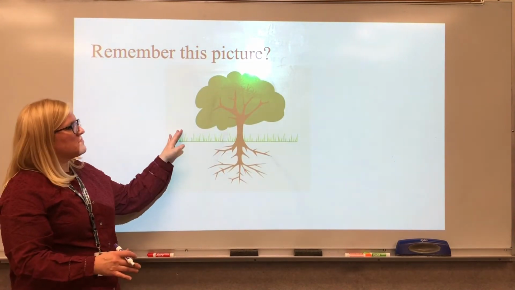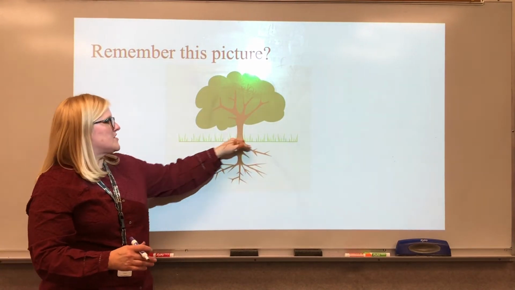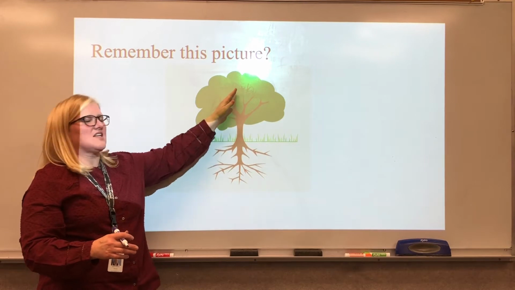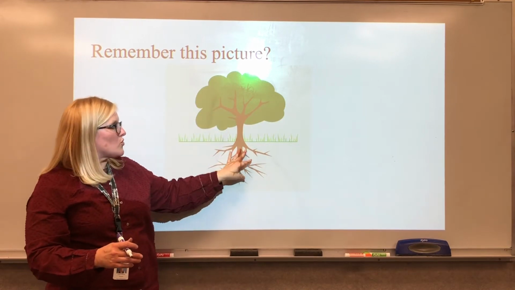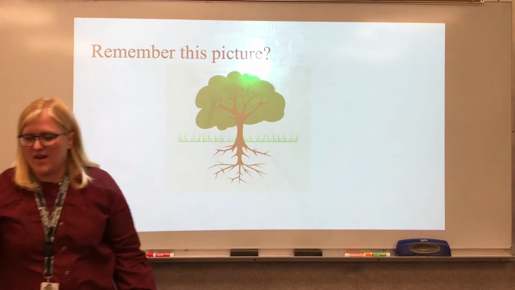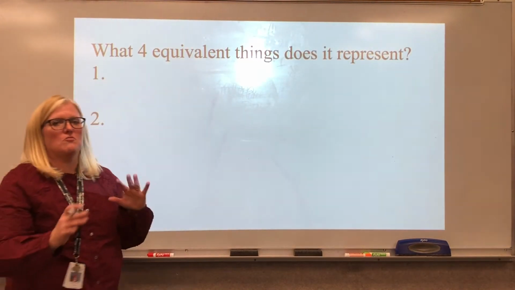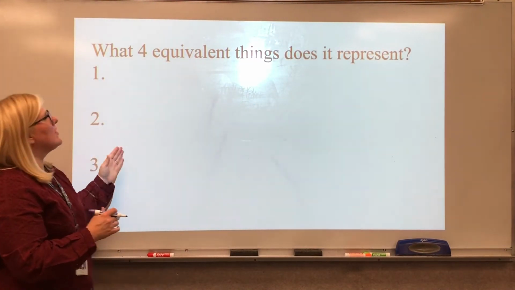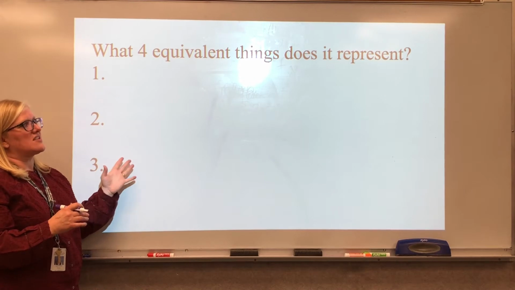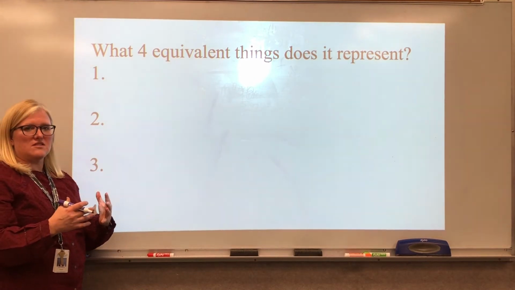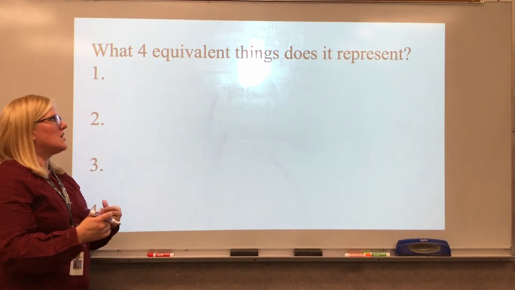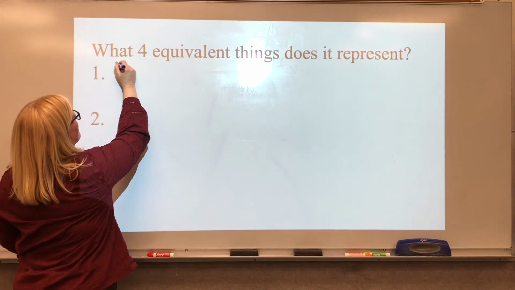Okay, so remember this picture I had up before? This represented the x-axis, and these are the roots and all that kind of stuff. I'm hoping that jogs your memory a little bit. What are four equivalent things that this represents in a polynomial? Okay, we've got the zeros of a function.